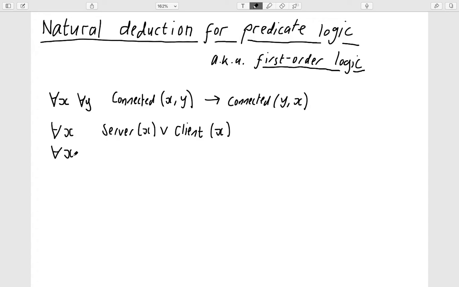So just to show we can write it down. For all X, it's not true that X is a server and X is a client.